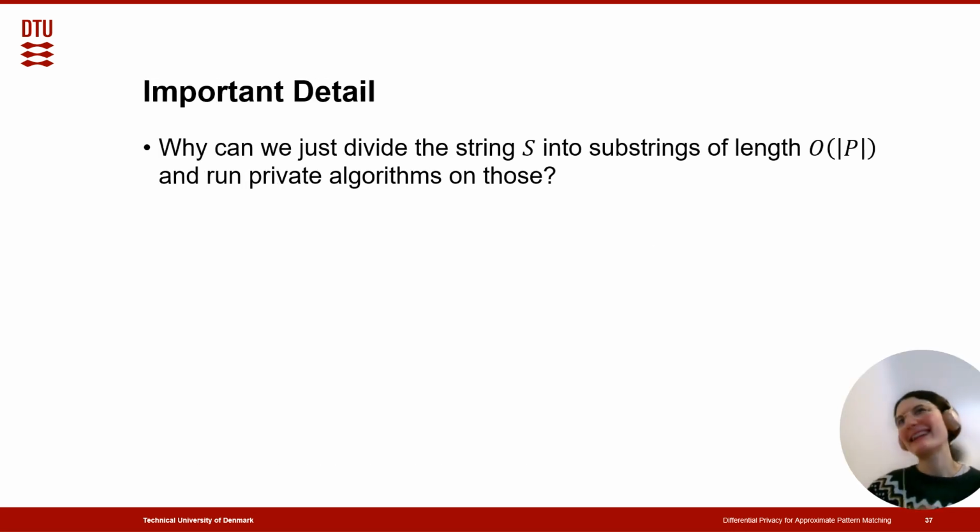Instead, I want to mention another important detail, which I just glossed over a bit before. For both algorithms, we divide the string S into smaller substrings and consider them as independent problems. Why can I just do that without further privacy loss?